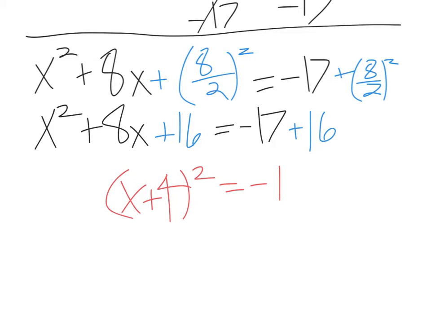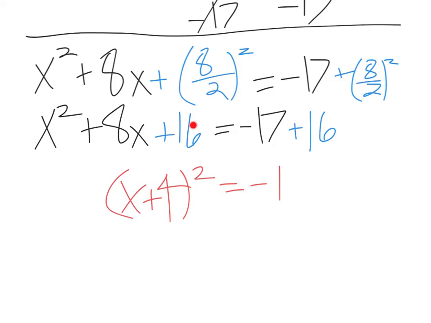In the previous video, I also explained you can think of it like this. Since it's a perfect square trinomial, the square root of the last number will add up to get the middle number. The square root of 16 is plus or minus 4. I'll use a positive 4 since it was a positive 8x in the middle. So positive 4 plus positive 4 is 8, and positive 4 times positive 4 is 16.